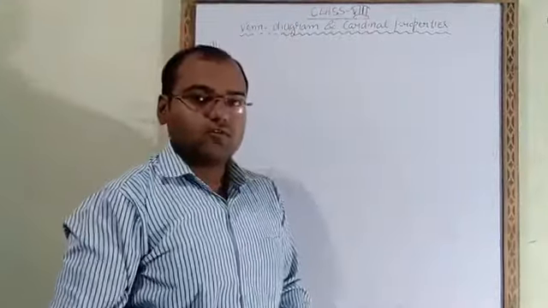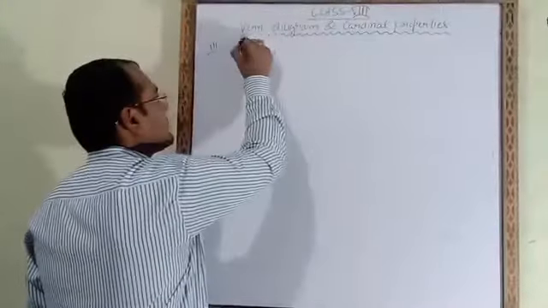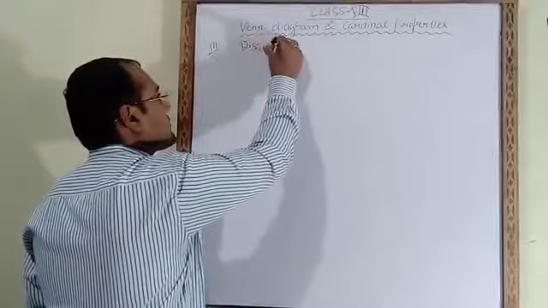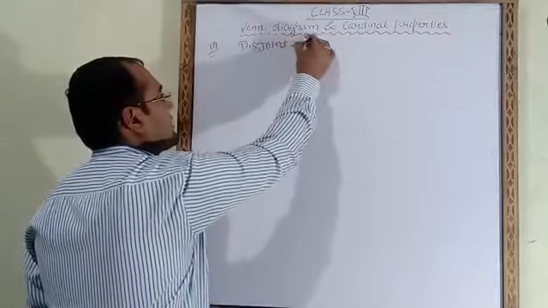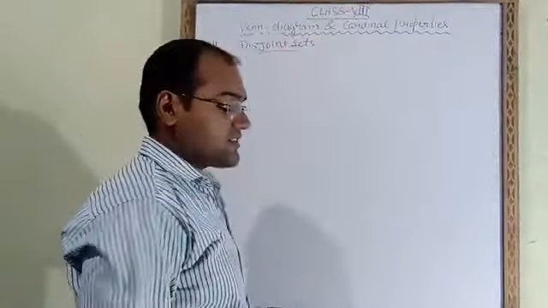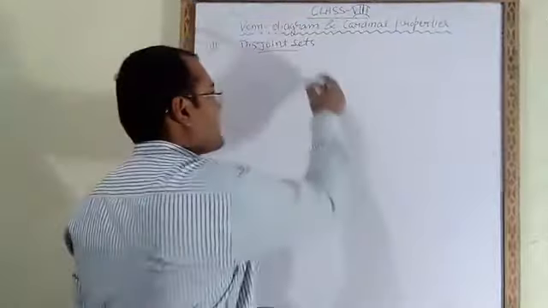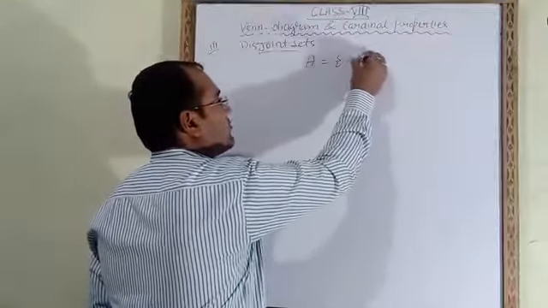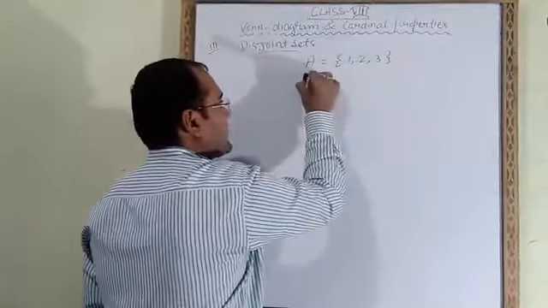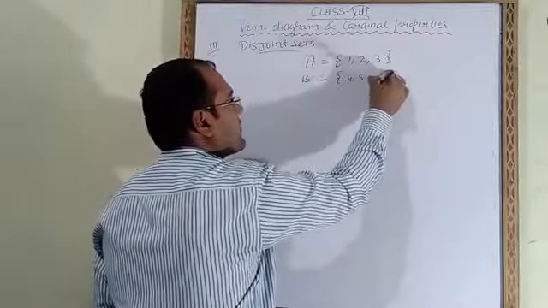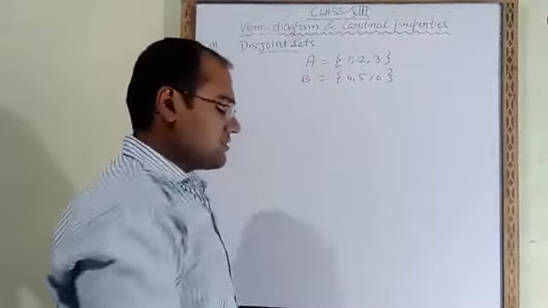Now the third case is of disjoint sets. Let's take one example. Set A is given as 1, 2, 3 and in set B it is given 4, 5 and 6.